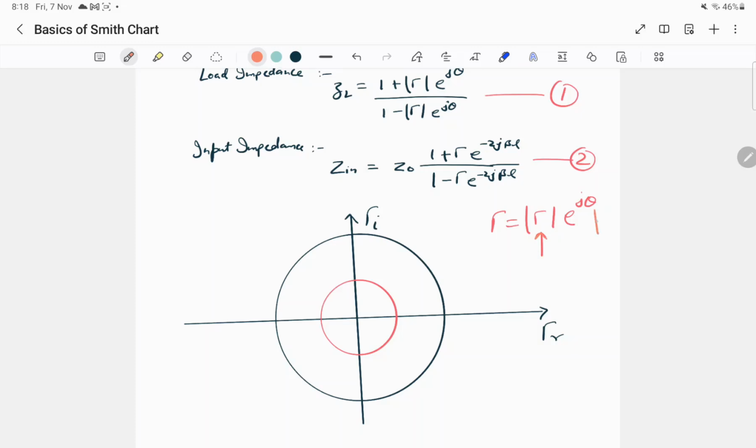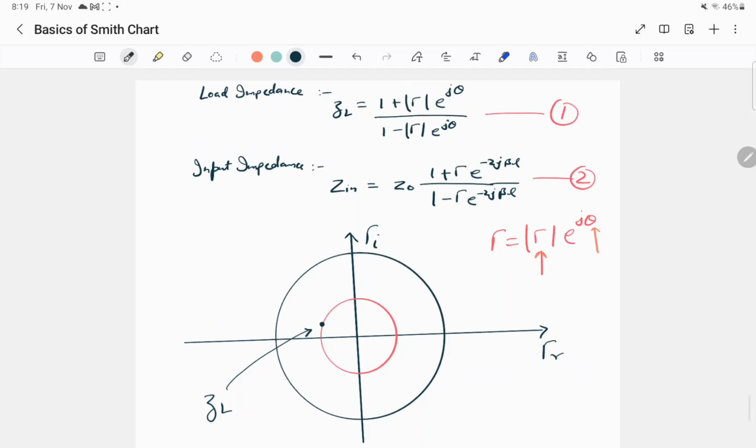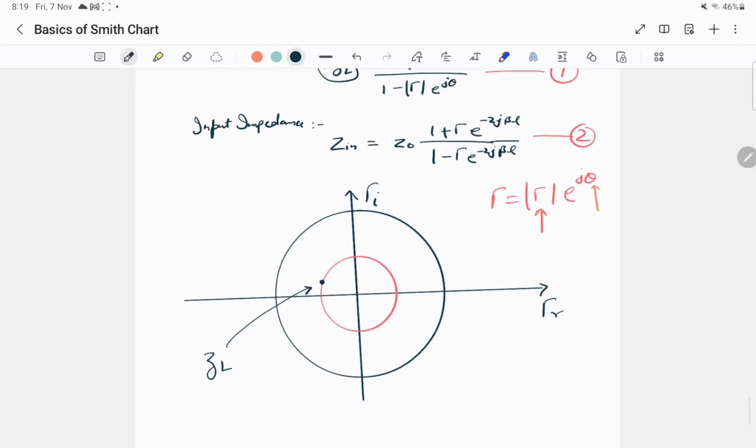And since you also know the value of theta, you have pointed out a point here which represents the load impedance ZL. Why? Because once you know gamma and e to the power j theta, you know ZL. So this particular point represents the normalized load impedance in a Smith chart.